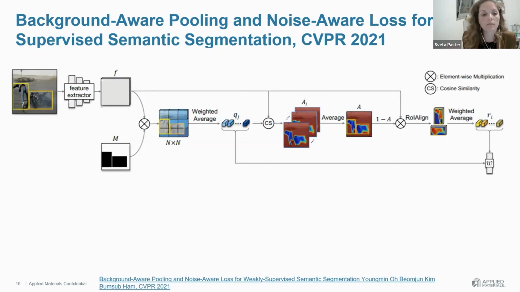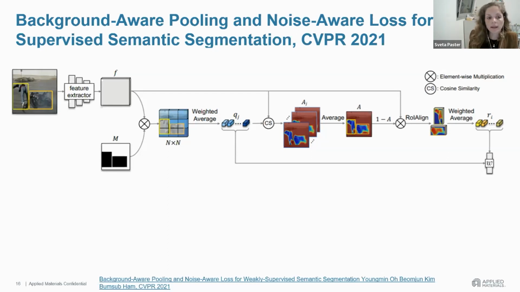Let me explain quickly about this approach. It's not a classical classification network, because what they do here is use the classes of the objects, but they also use the rectangular annotations when they train the network.